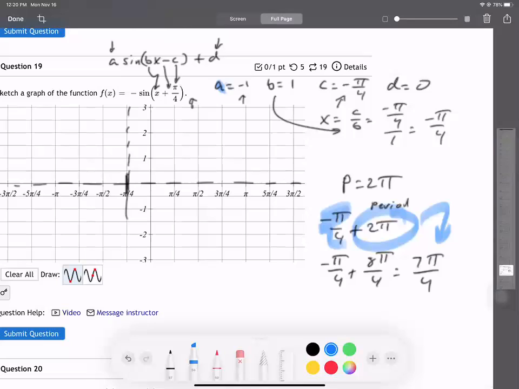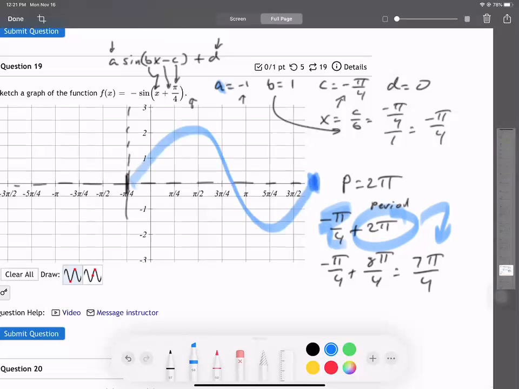So let's go find 7 pi over 4. Unfortunately, it's hard to see that here. 7 pi over 4 is, it's like right here actually. Okay, so we're going to stop over here. So the graph will look something like that since it's a sine graph.